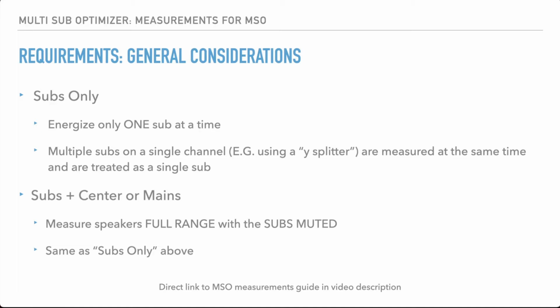That gets into where and how to apply your resulting filters, delays, and gains for that channel. You're just going to apply it to the channel, not to the subs individually.